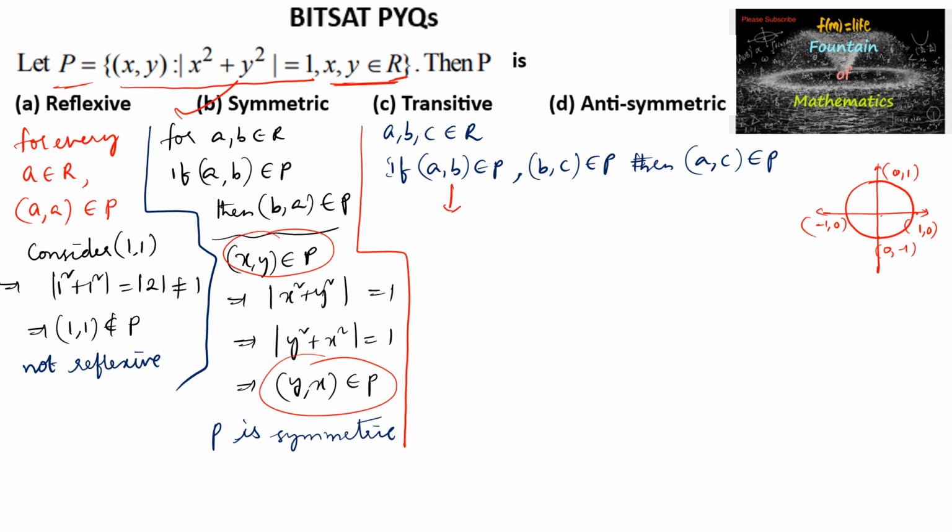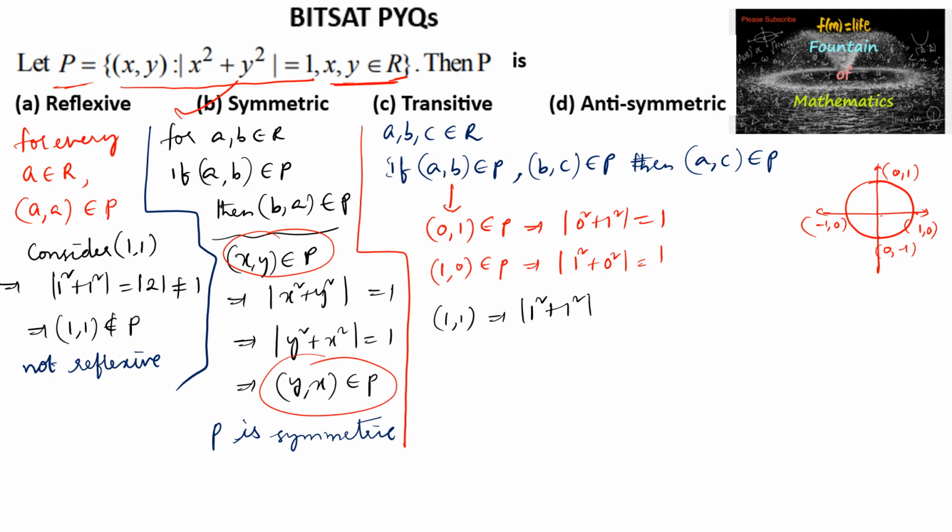So let us assume (0, 1) belongs to P, which satisfies |0² + 1²| = 1. And let us consider (1, 0) belongs to P, which implies |1² + 0²| = 1. But when we consider (1, 1), 1² + 1² = |2|, which is not equal to 1.